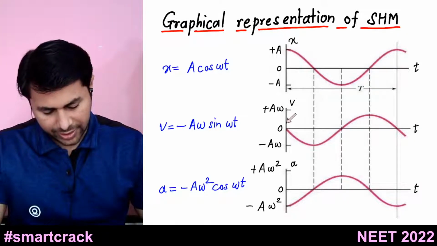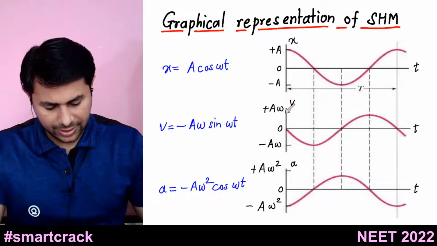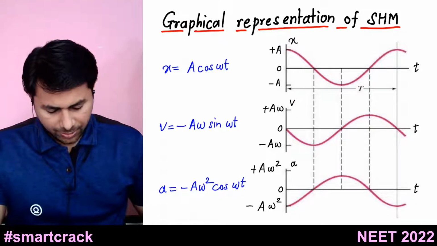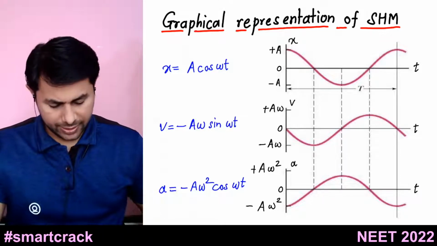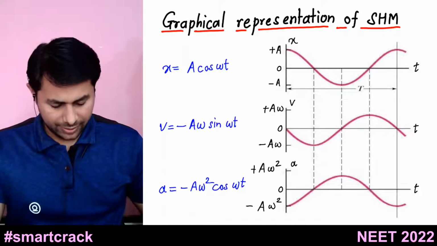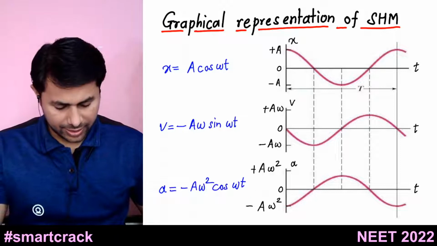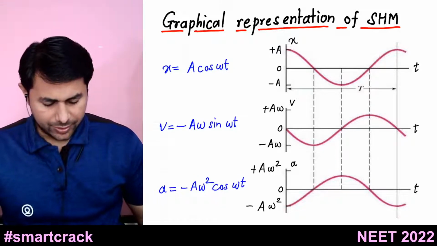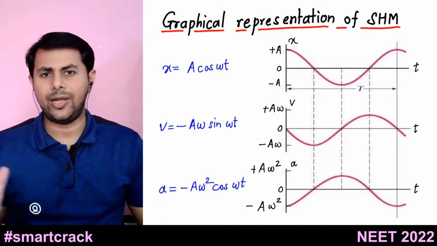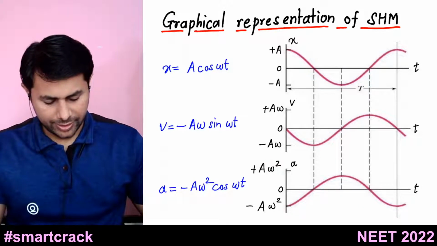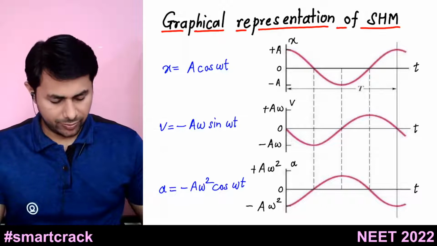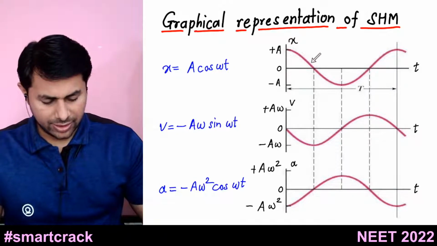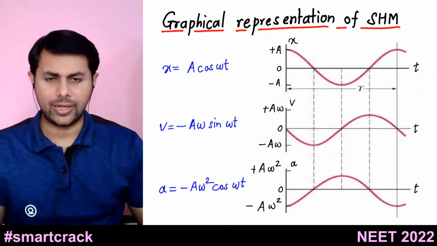So see how much is the amplitude? A omega is the amplitude. Amplitude for position is a. And if you take one more derivative of this, you will get the formula for acceleration, minus a omega square cos omega t. So see, apart from the amplitude, let's say if you keep omega equals 1, this will become what? Plus a and minus a. What will you get? So it is a mirror image of this graph about the x-axis.